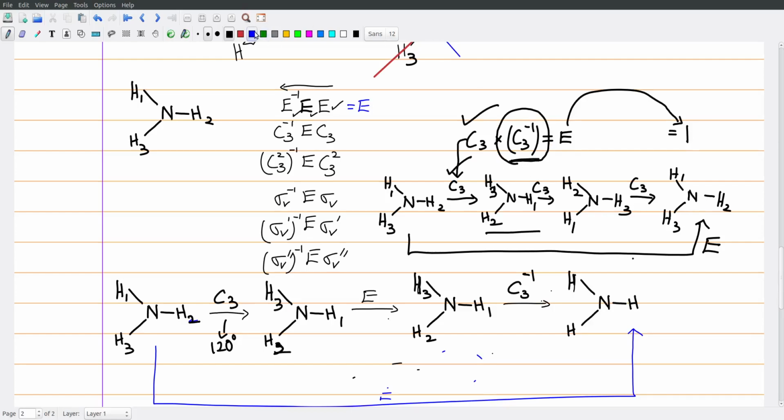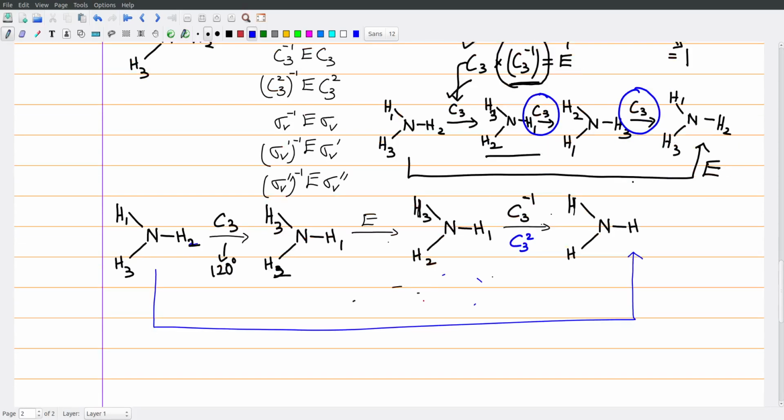You will immediately notice that I have done 1 and 2. So the inverse of C3 is twice C3, so we'll write it as C3 squared. This is giving me E. That's how I say C3 inverse is C3 squared.